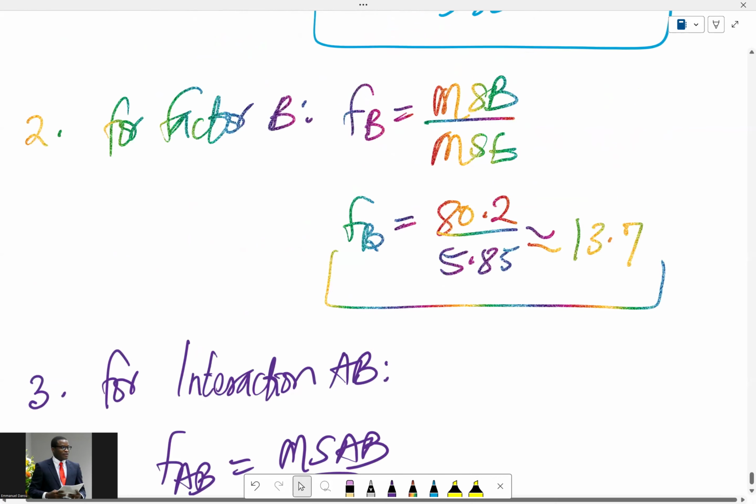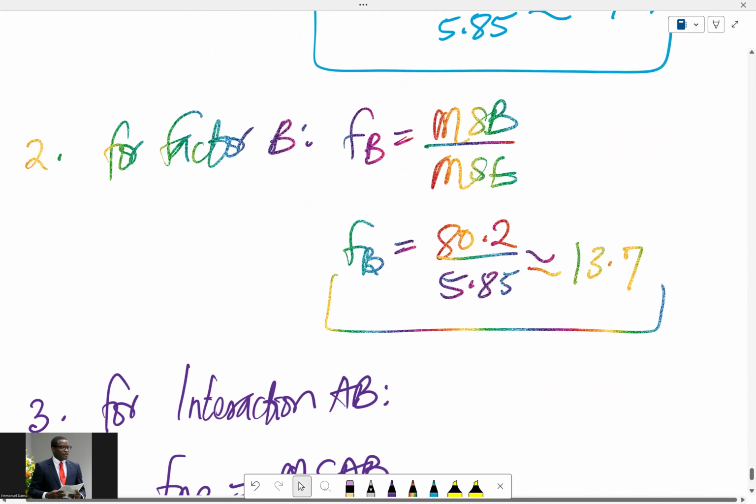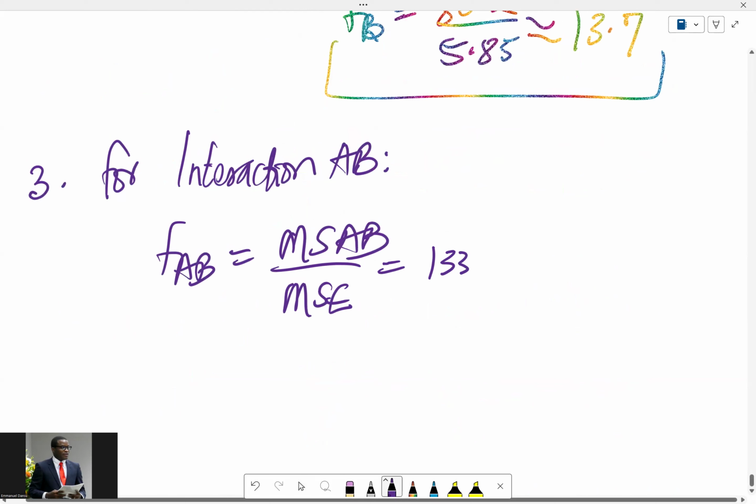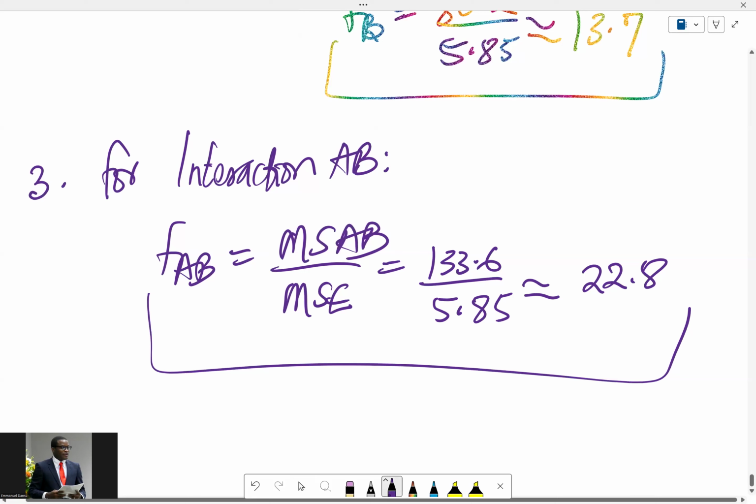Mean square for AB is 133.6, so 133.6 divided by 5.85 is 22.8. Gradually coming to a close.